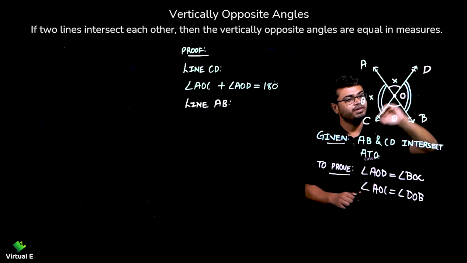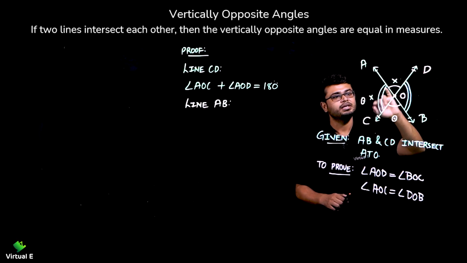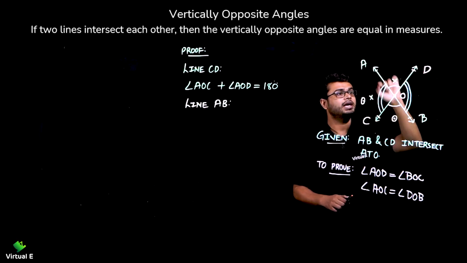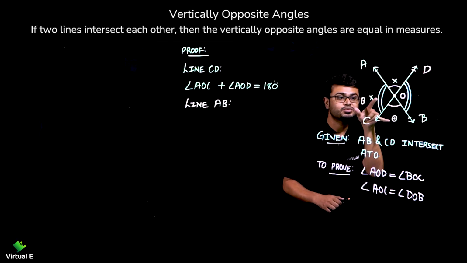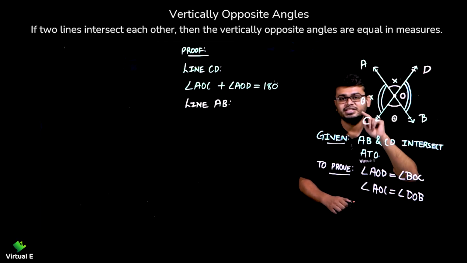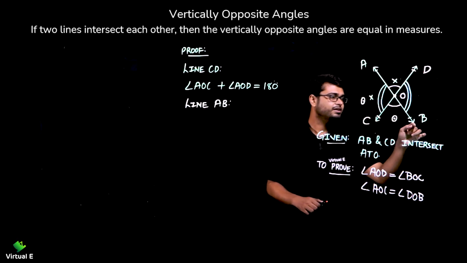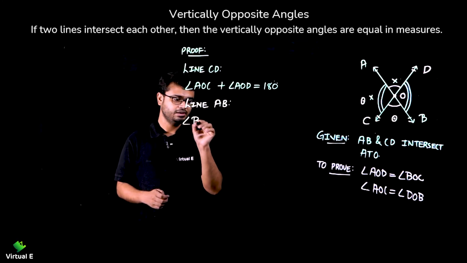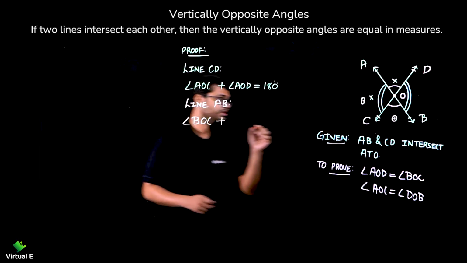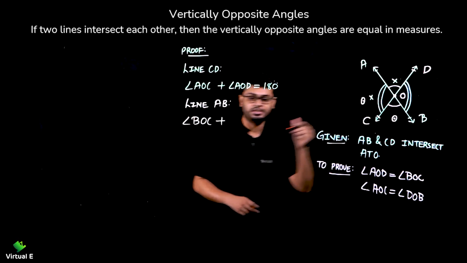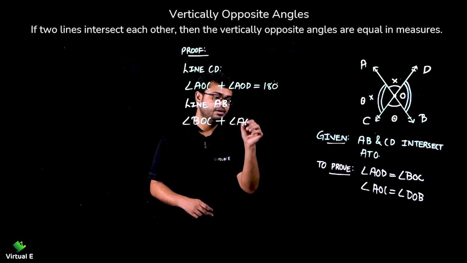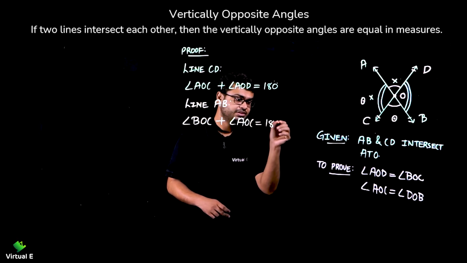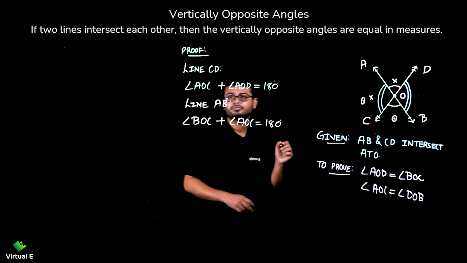If I take line CD, these two angles, AOC and AOD, and here if I take these two angles, then AOC is the common one. So let's write angle BOC plus angle AOC, that is 180 degrees.